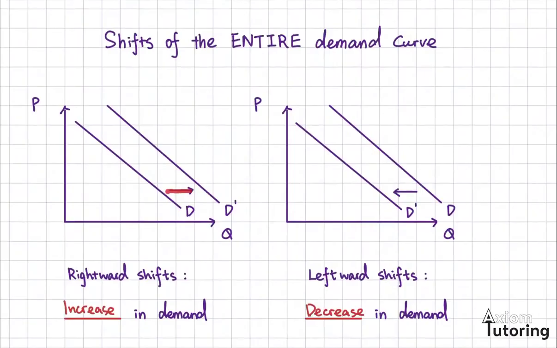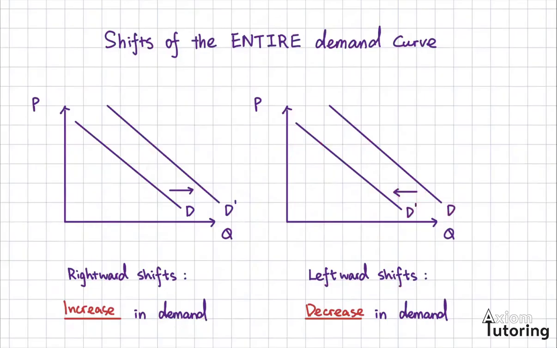A rightward shift represents an increase in demand because at every price, the quantity demanded now is greater than the quantity demanded previously. In contrast, a reduction in demand can be represented by a leftward shift in the demand curve in this diagram from D to D prime, because at every price level, the new quantity demanded is smaller than the old quantity demanded.